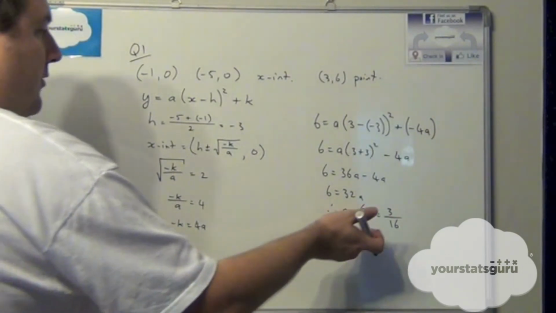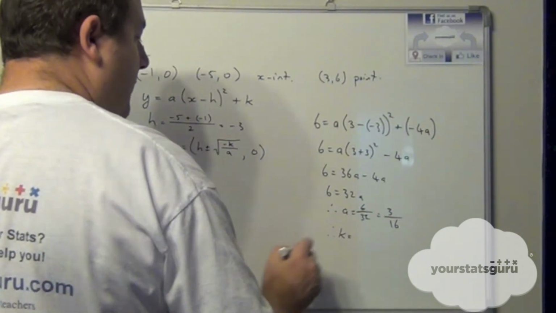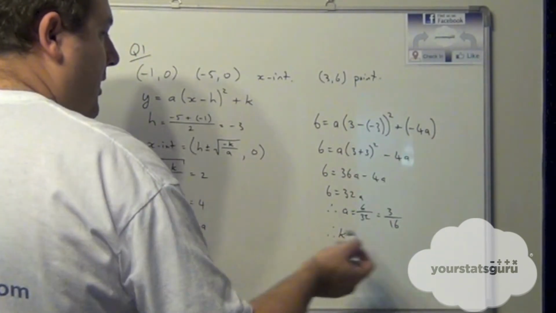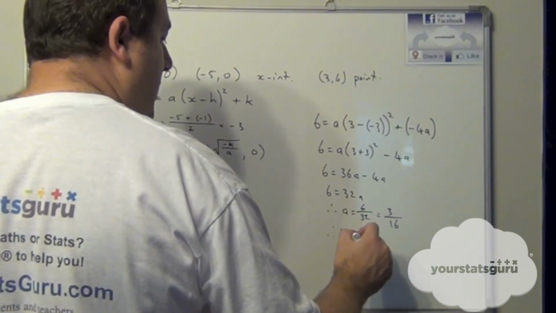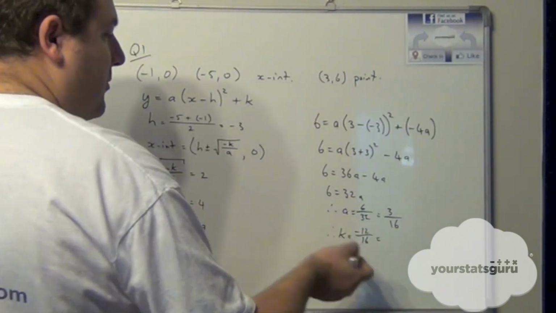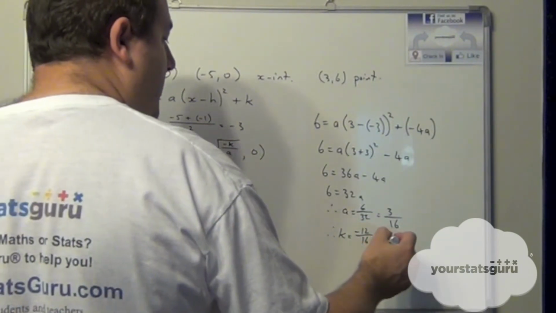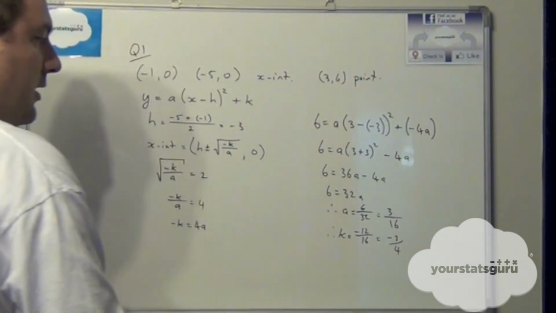Now that we have the value of a, we know that k is therefore negative 4 times this, which is negative 12 over 16, or if we simplify this down, that is simply negative 3 over 4.